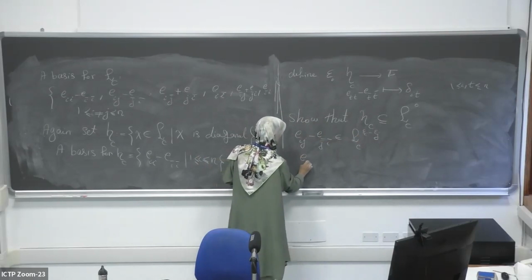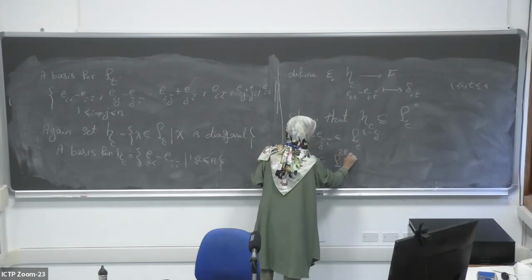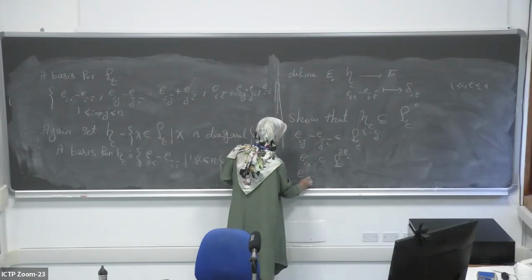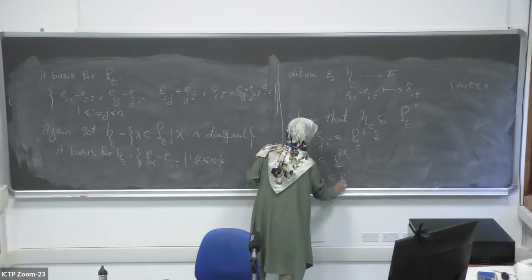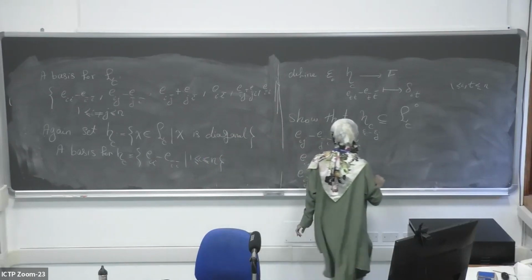Show that E_i j̄ minus E_j ī is an element of L epsilon_i plus epsilon_j.